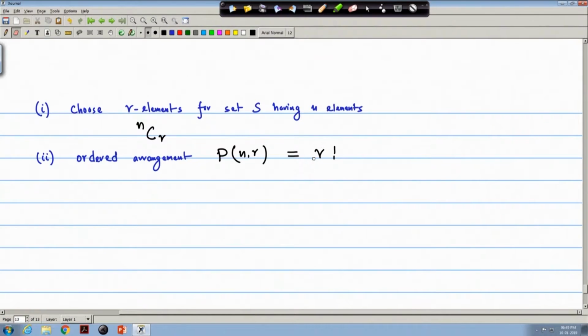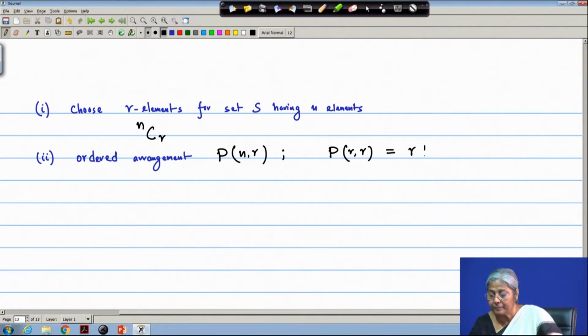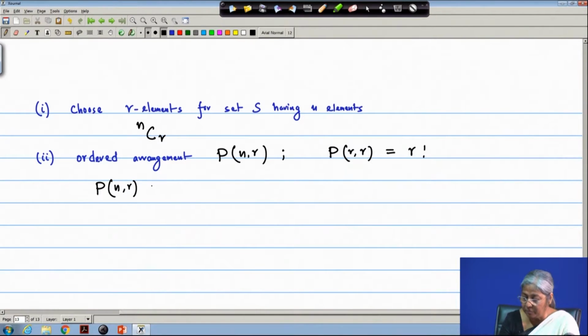If it is R elements, it is PRR, then I can write this is my R factorial. Now, we know that PNR, we already have got, is n factorial by n minus r factorial.